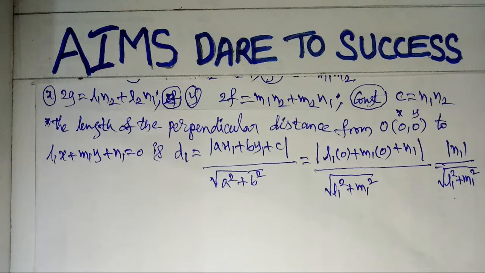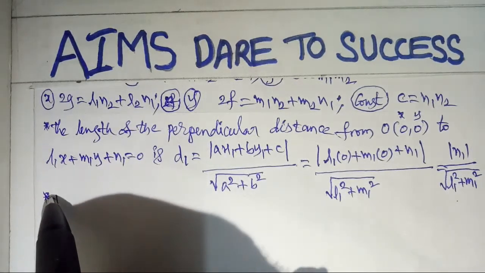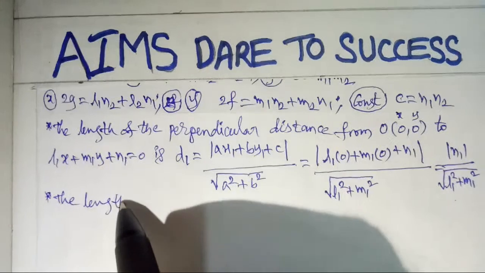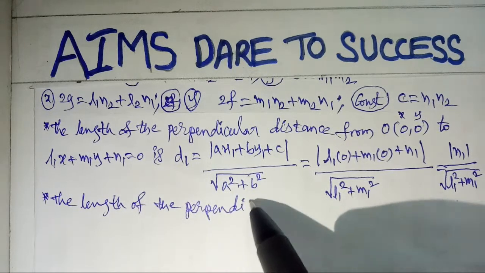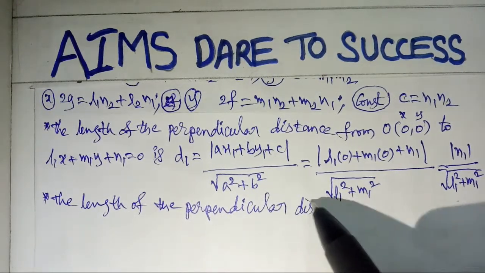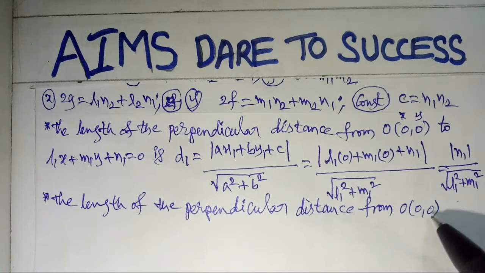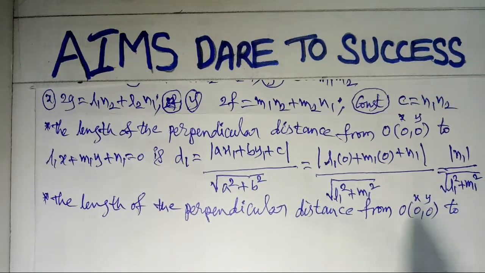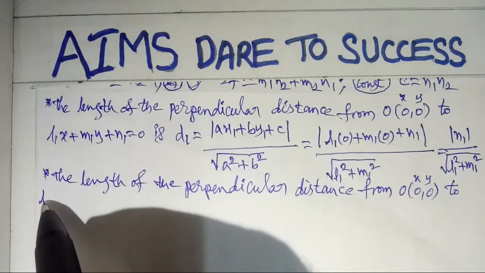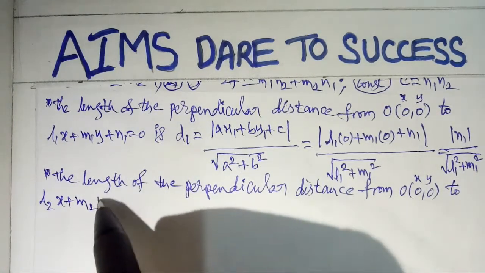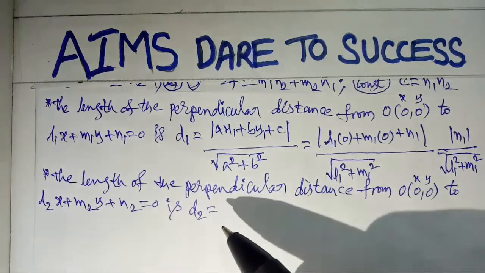After completing this part, we can consider the second straight line. Again you can write the length of the perpendicular distance from the origin, (0, 0), because they have given it in the question, to the second straight line L2x + m2y + n2 = 0. Let it be D2.